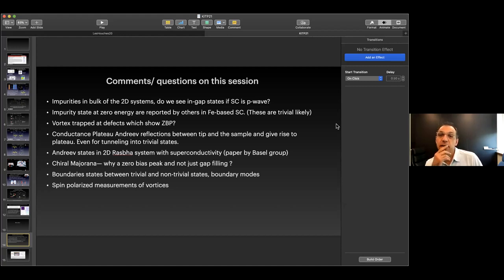I agree with that. But mostly our purpose is to try to distinguish between these more localized Shiba states, which could be living trivially at the end of any of these systems that were discussed today. They're not Andreev states in the sense of what you have in the nanowires. But that's a good question.